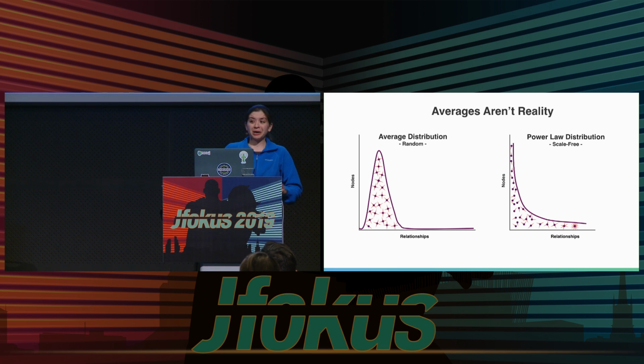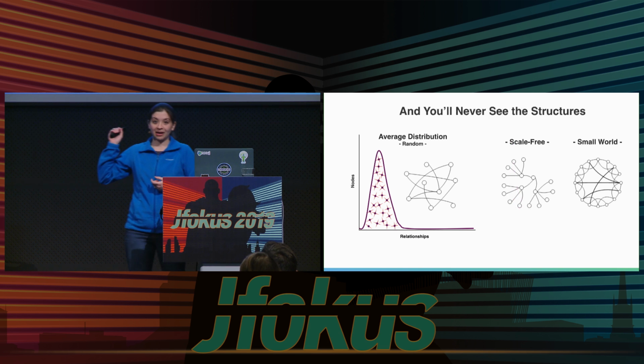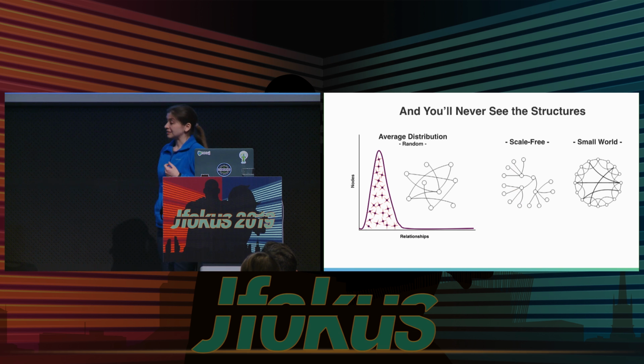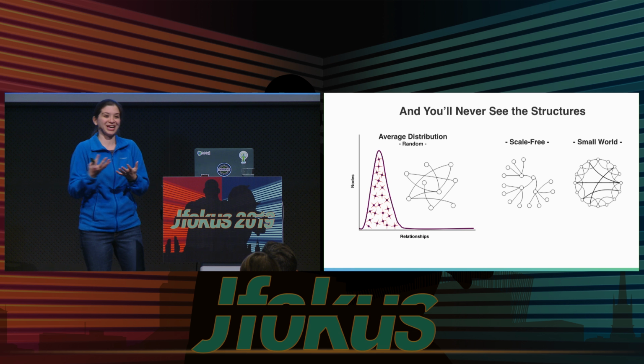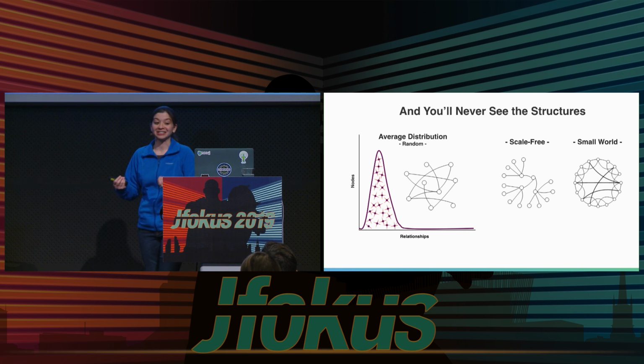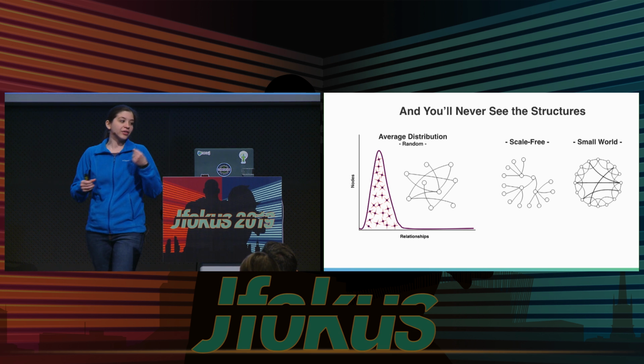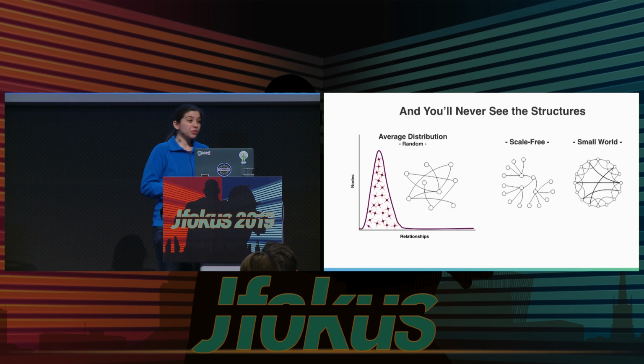For those of you who may do better visually than with mathematical models, it looks something like that. So you have your random distribution there on the left-hand side. That doesn't even look visually acceptable. It doesn't look natural to any of us. And the visualizations on the right-hand side, your scale-free network and then your small world network, those are ones that you actually find in the real world, and they're much more natural to the eye.